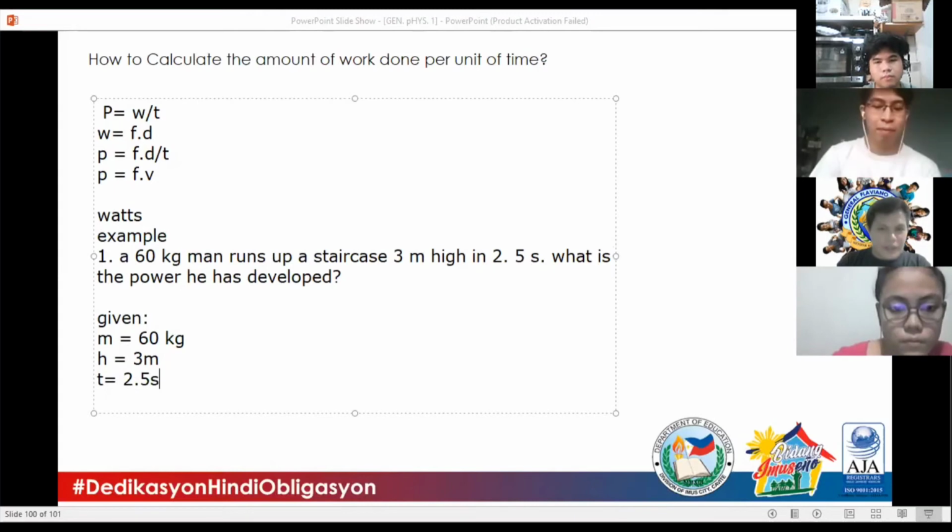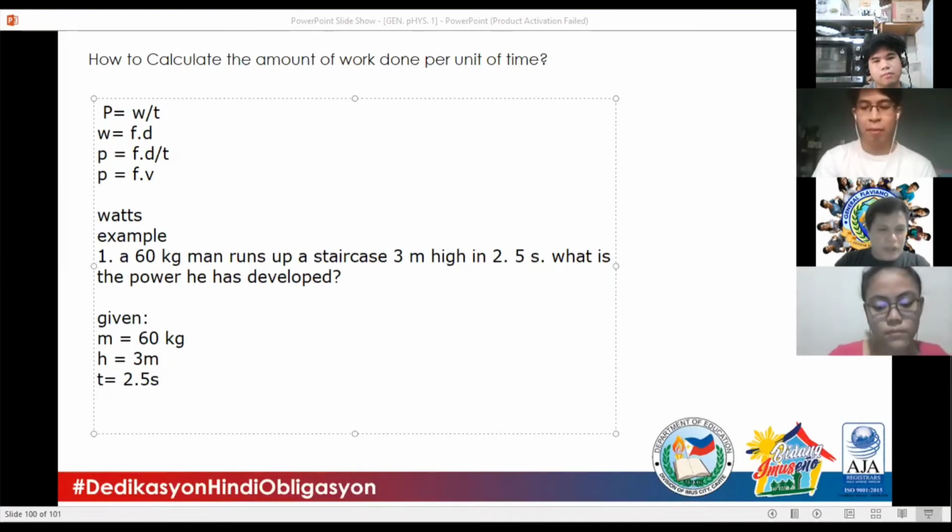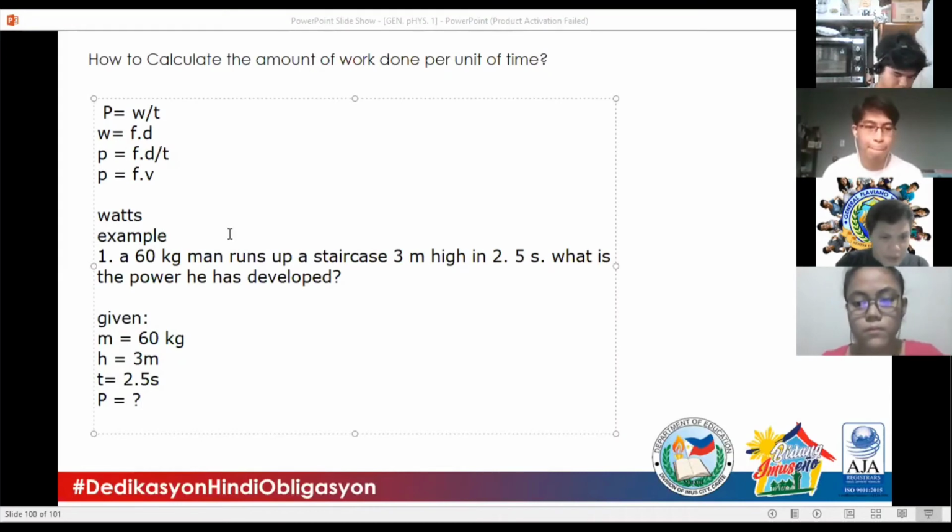Okay. Ngayon, paano yan, sir? Ang hinahanap po natin, power that the man has developed. We are looking for its power. Pero ang given natin, mass, height, and time. Wala naman tayong formula ng power na mayroong mass.